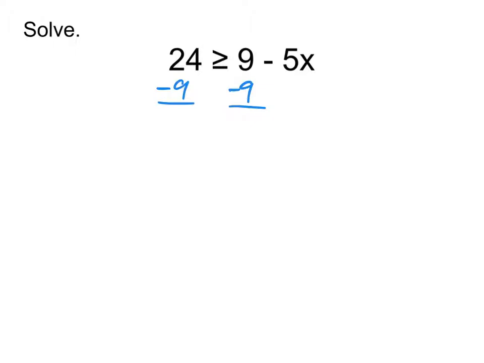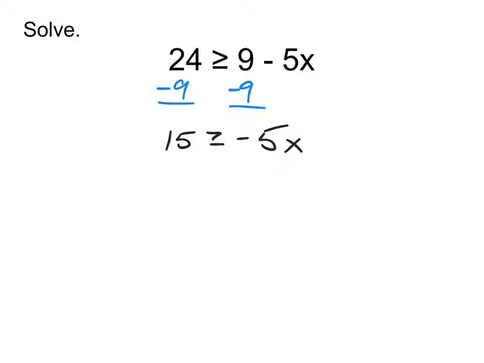But right now this 9 is positive. And since this 9 is positive, I want to be able to do something that makes this add to 0. And so that's why I subtract, because 9 minus 9 will make it into a 0 and make it go away. All right. So if I do that work, I now have 15 greater than or equal to negative 5x.